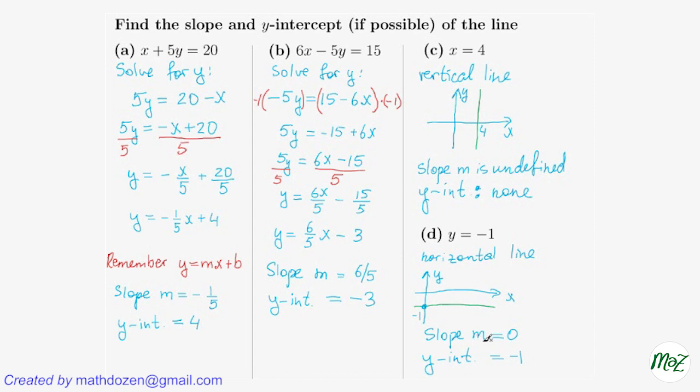If you wonder why the slope is exactly 0, it's because this equation is already in slope-intercept form, y equals something times x plus b, and x is not there, that means x is multiplied by 0. That's why the slope is 0 here. So let me rewrite it. This is 0 times x minus 1. That's the full slope-intercept form of this equation.